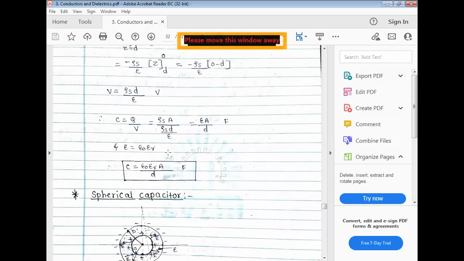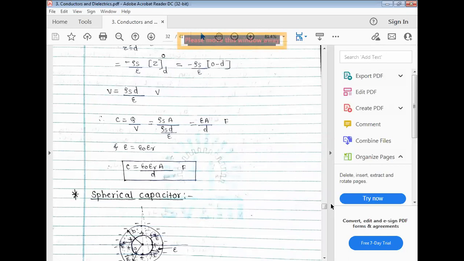Okay. Then what is this epsilon 0? Many times the constants are already defined in the question paper, but many times they are not given. Then at that time you should know the constant epsilon 0, that is 8.854 into 10 raised to minus 12. So you should remember these constants also.